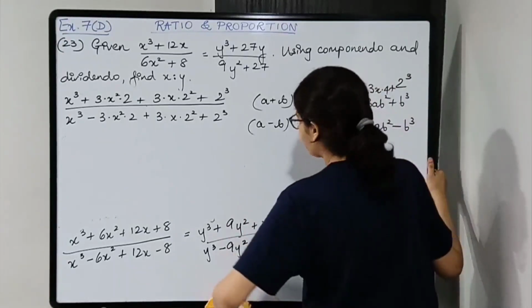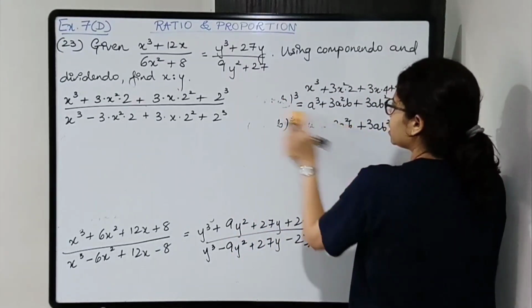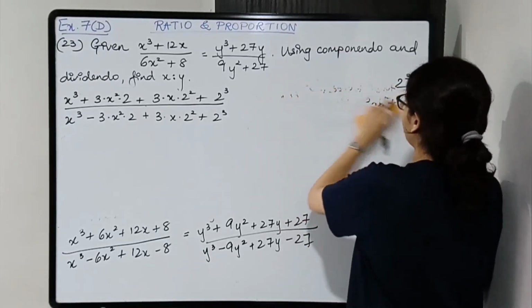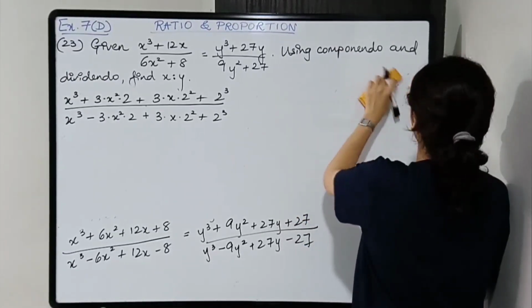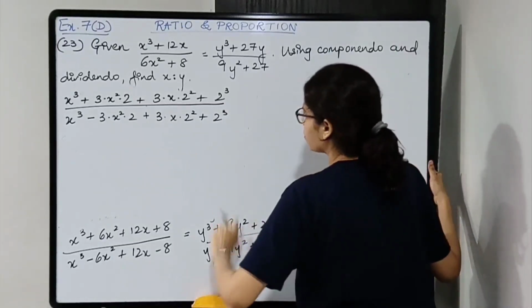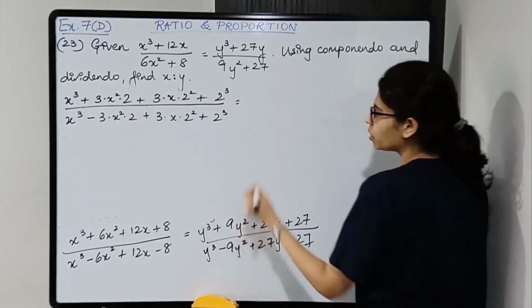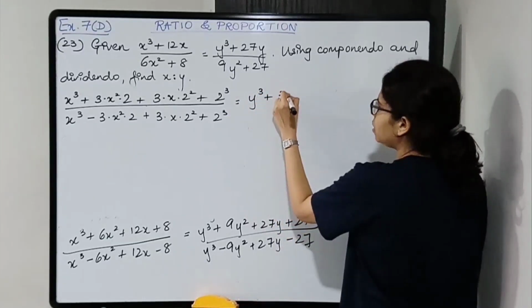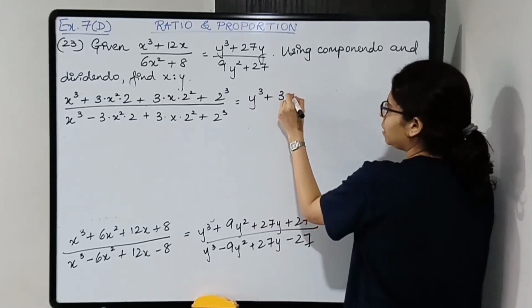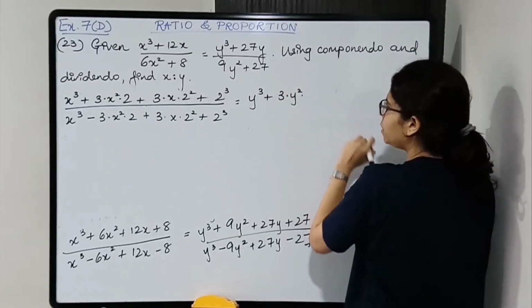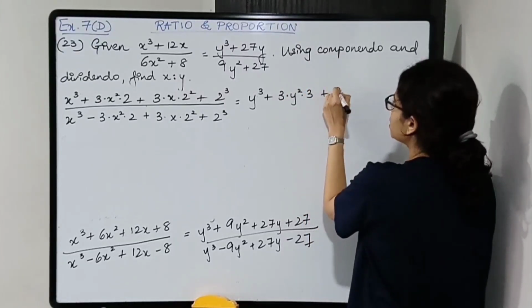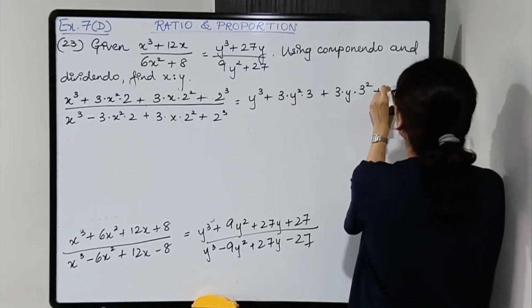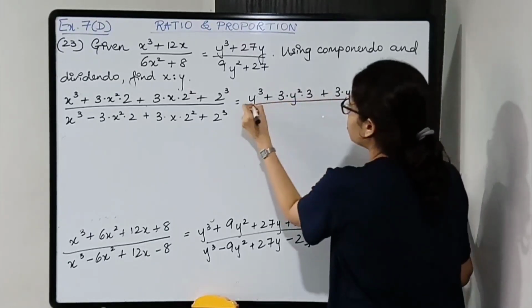So express that also. So it is equal to your y cube plus 3a square b. So a square b is 3, plus 3ab square plus b cube upon.